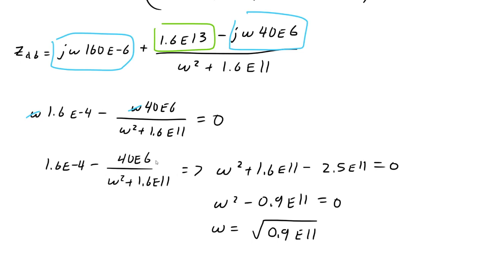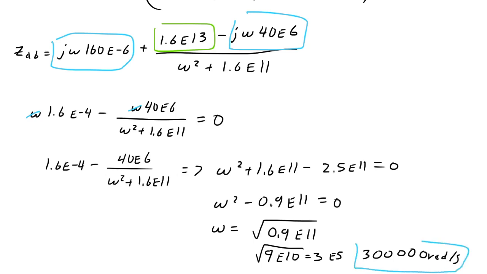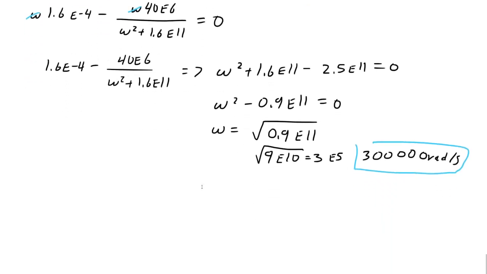Let me just write it like this. So 9 E10. That's going to become 3 E5. So 300,000. I believe it's radians in this. Yeah, because we're in phasor. So radians per second. So that is going to be the frequency where the phase angle of the impedance is 0. That's where we're purely resistive.